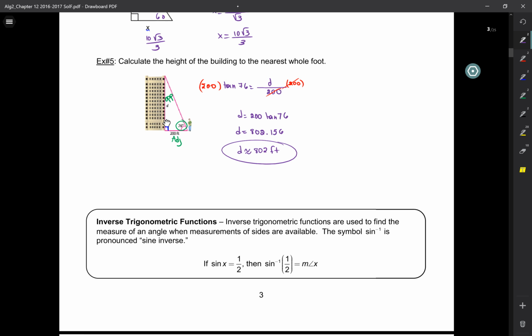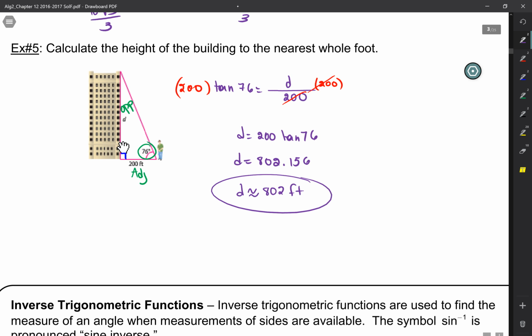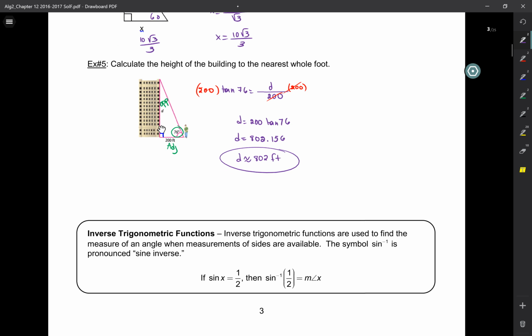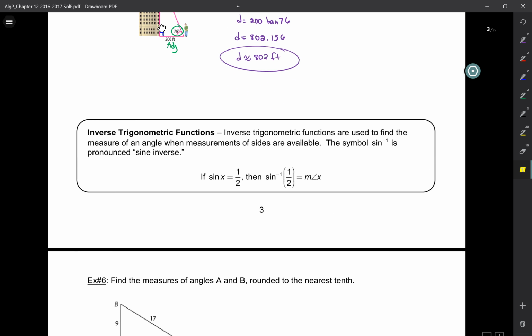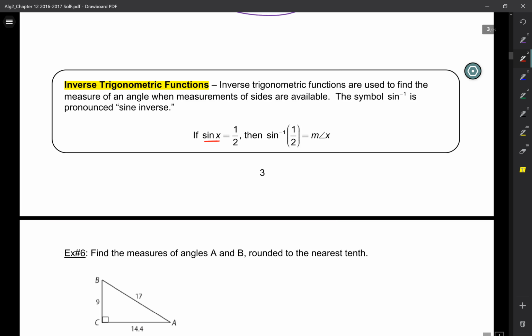Now, inverse trig functions. In this problem, we were given an angle, and we had to find one of the sides. What if it's the angle that you want to find? For that, what I need is an inverse function. Take a look at this example here. Sine of x equal to 1 over 2. Suppose I told you there is this magical mystery angle, and if I were to take the sine of that mystery angle, I get 1/2.